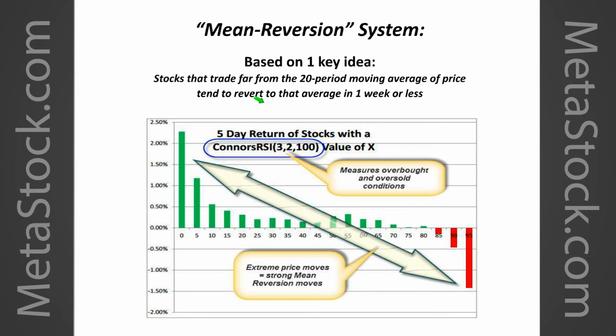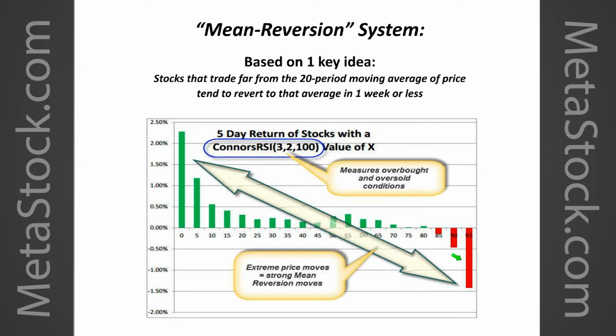And what I wanted to show you just very quickly here is that when the Connors RSI gets to very, very oversold levels, when it approaches 0, which is as oversold as it can get. It can't get any lower than 0. It's a range of 0 to 100. You're going to find the greatest amount of return over a 5-day period, over 2%, about 2.3% per 5 days, once a stock registers a Connors RSI reading under 5.